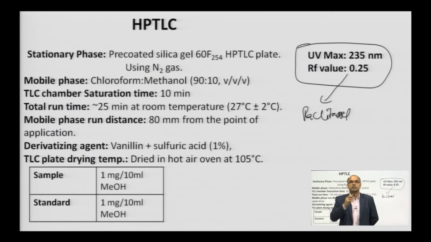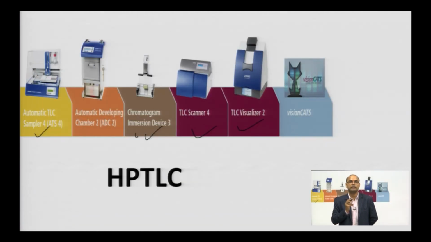We have discussed the HPLC analysis where we used the UV maximum of 235 nanometers. We used the detector at 235 nanometers. We got the RF value of 0.25 for our Taxol. This is the HPLC.